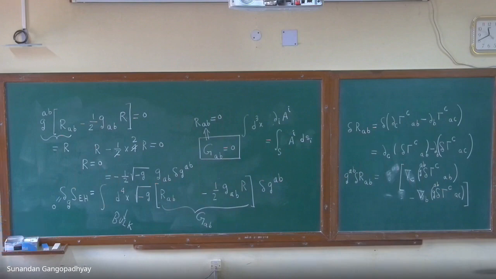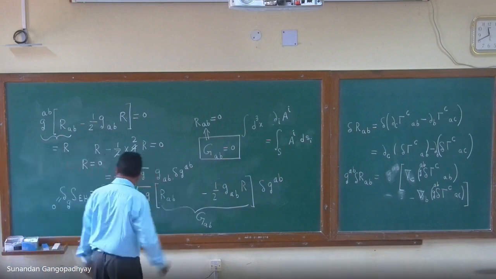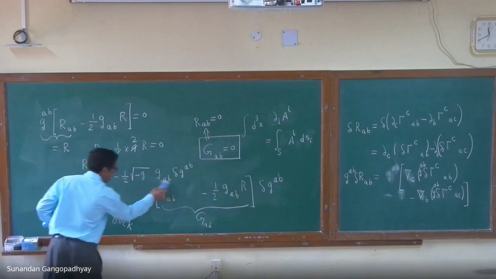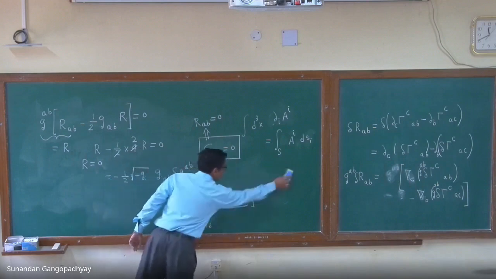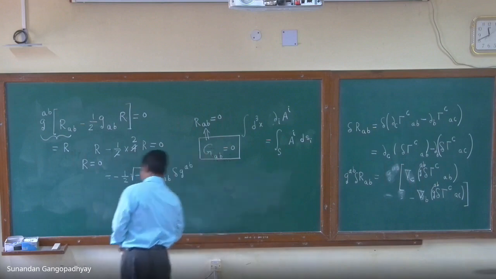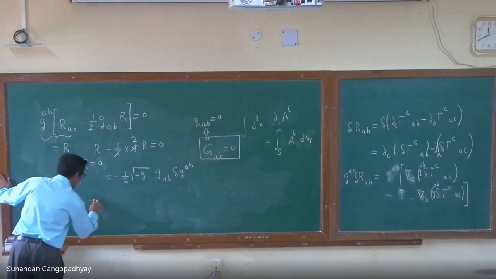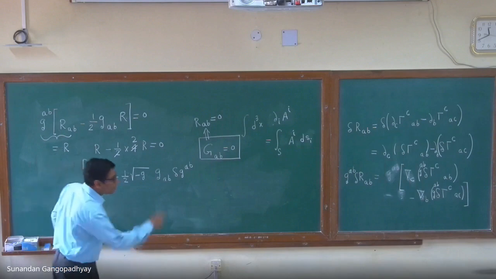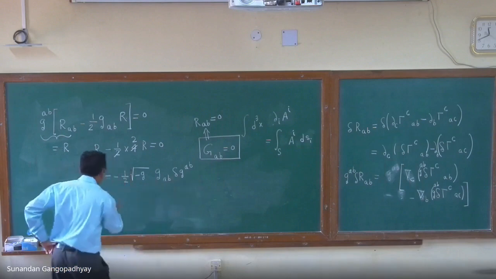Okay. Let us now come back to the boundary term. What was the boundary term? Please remind me. The boundary term was one half minus d c. What was c?